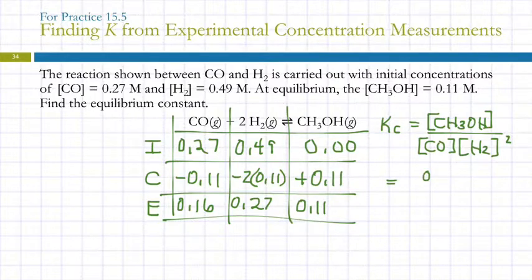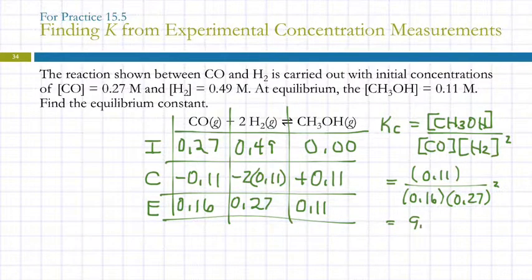So I'm going to have 0.11 over 0.16 and 0.27 squared. I'm getting 9.4. Any questions?